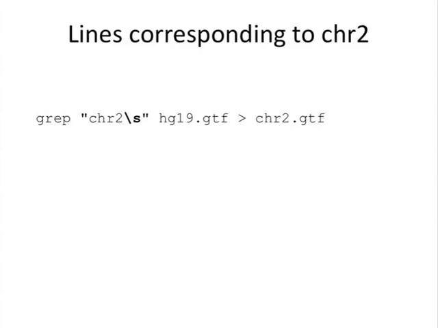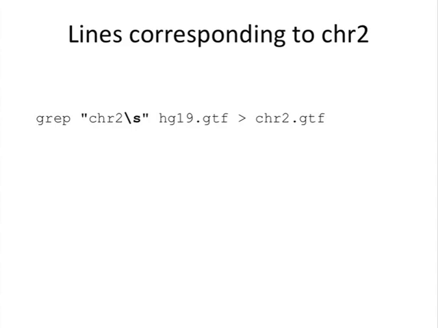Okay, and then that comes to our question: how can we distinguish between chromosome 2 and 21? If you think about that, after the string chromosome 2 there is a space, and in the other line, after chromosome 2, there is chromosome 21, right? So then we'll be able to distinguish. We just need to say that after the string CHR2 there should be a space.